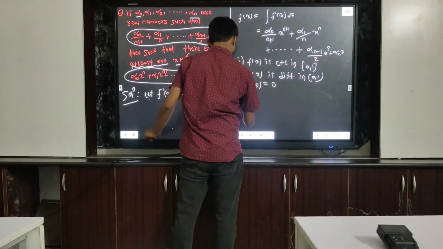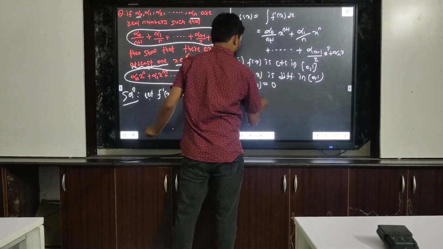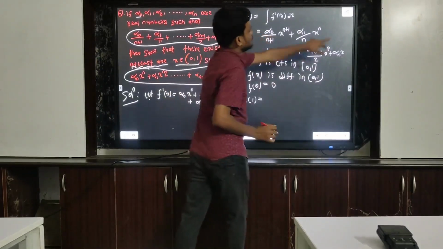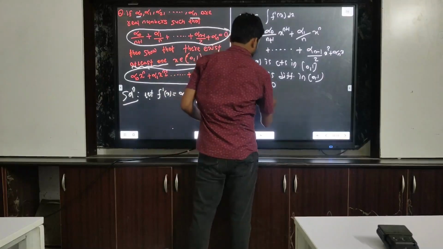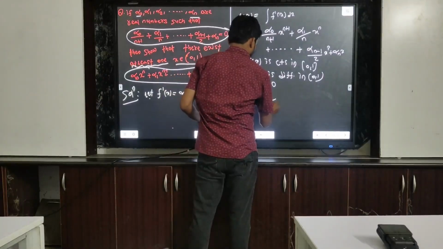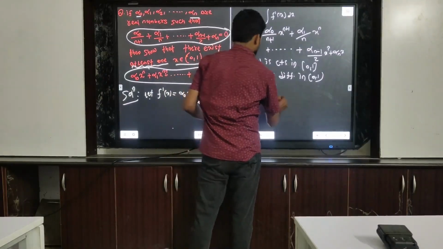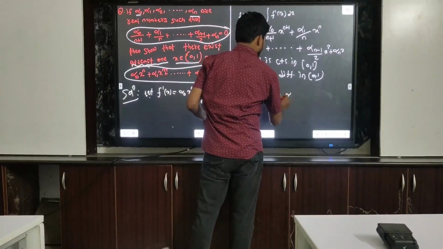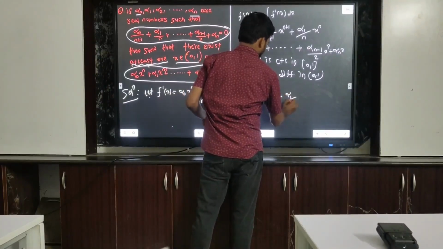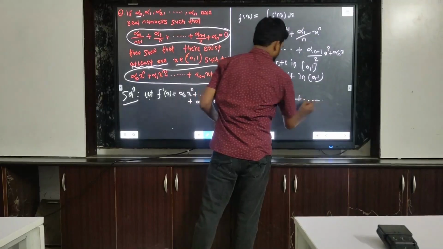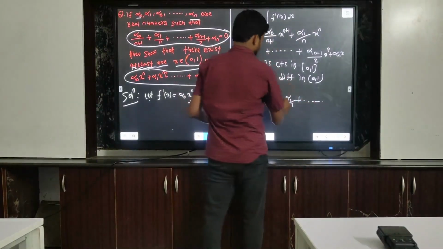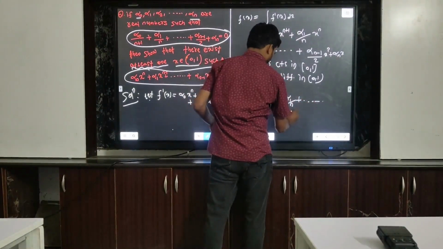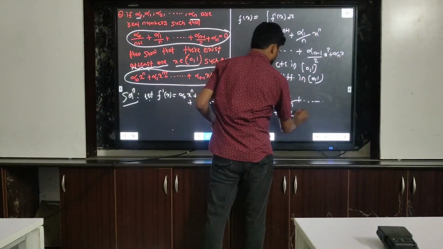Now f of 1. So x is equal to 1, then what do we get for f of x? Alpha 0 by n plus 1 plus alpha 1 by n plus and so on, alpha n minus 1 by 2 plus alpha n.